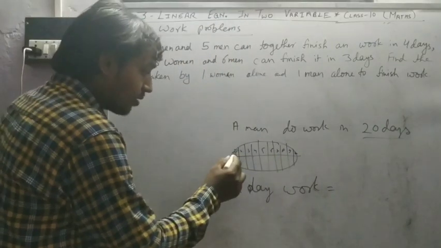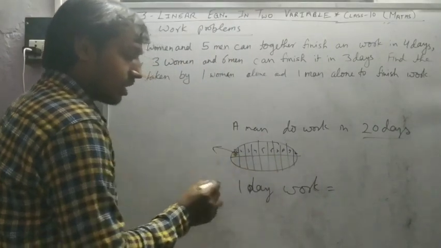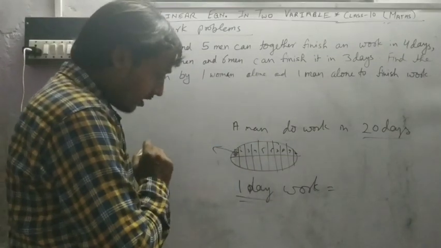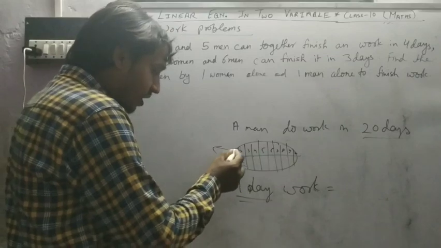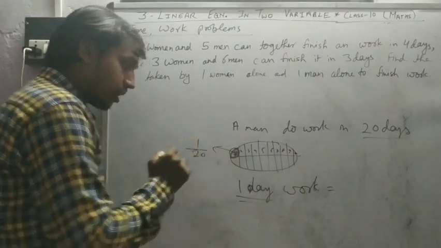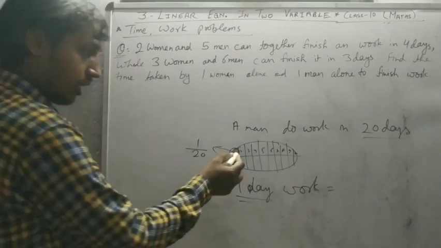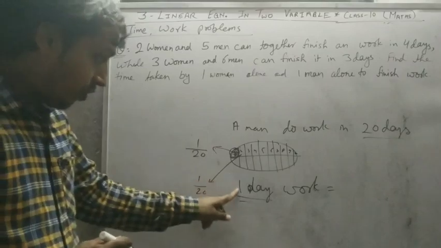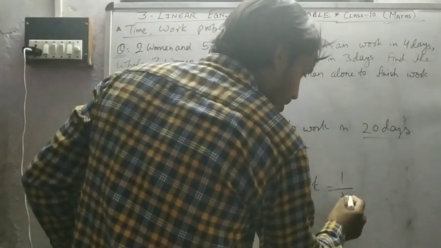So one part of work is done in the first day, one in the second day. So what is the work? That is one part out of 20, that is 1 day work, which is 1/20.